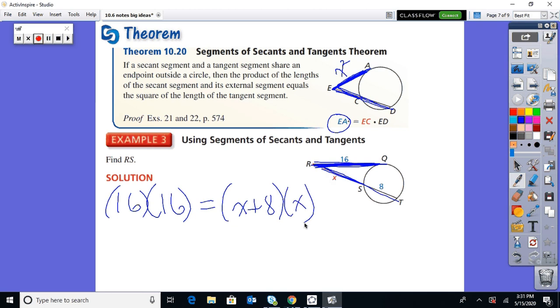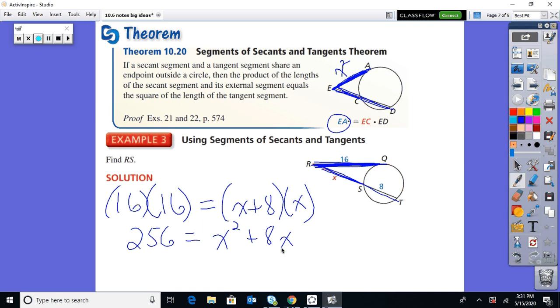Let's see if we can solve this one, or if it's a GASP type of problem. So 16 squared is 256. Over here we've got x squared plus 8x. So yes, for example 3, we would end up having a quadratic.